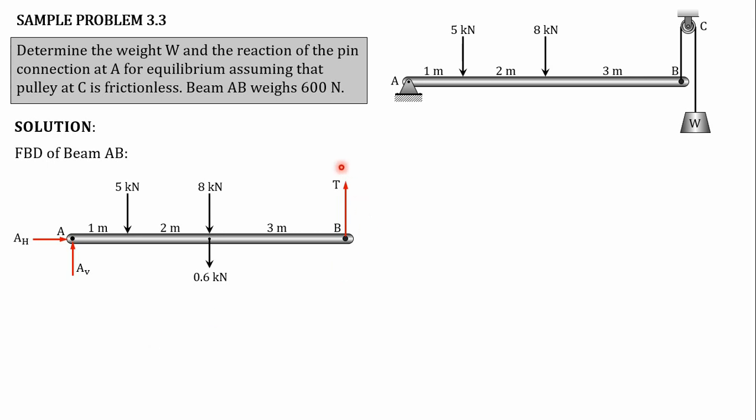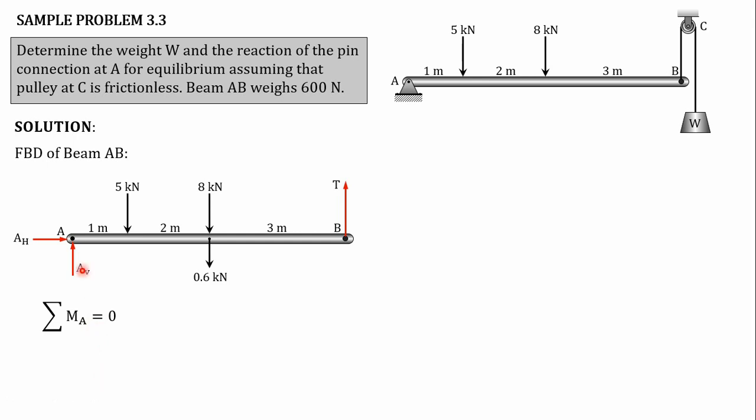Ang gawin ko, solvin ko si T, class, yung tension force T. To solve tension force T, magmo-moment ako at point A. Kapag nag-moment ako sa point A, yung force AH at yung force AV cannot develop moment because its line of action will intersect at point A. So, summation of moment at A is equal to 0.